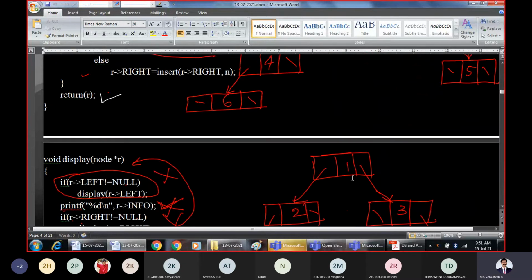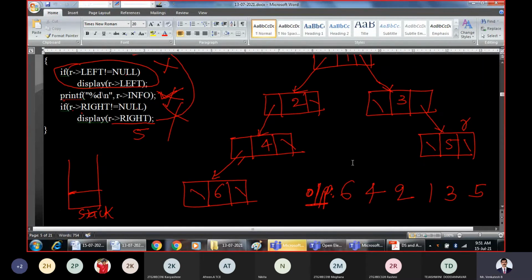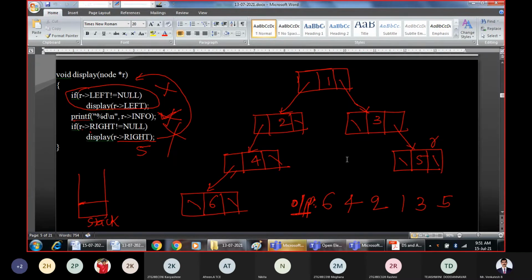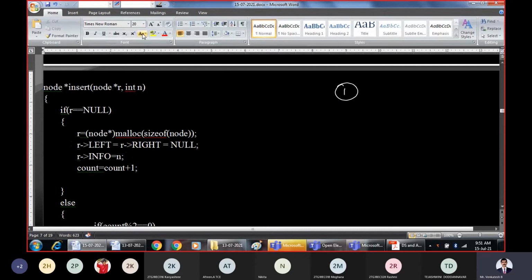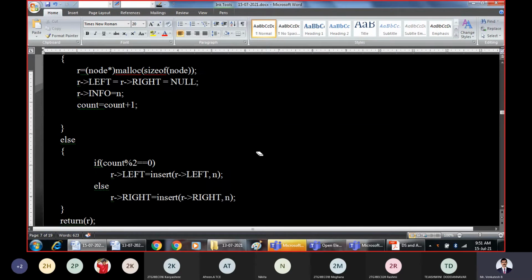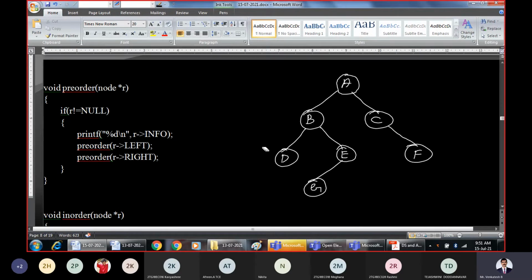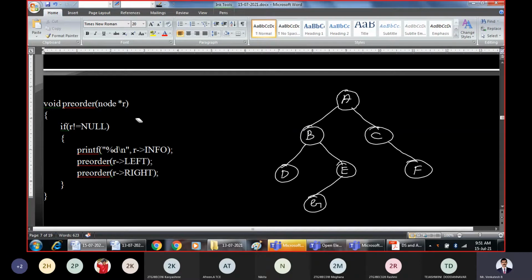This was the tree we had considered: 1, 2, 3, 4, 5, and 6. So I'll take the same tree. Let us assume that the same tree has been created. Because this is just an extension of the previous program, the creation is over, and now we have to concentrate on the three types of traversals: pre-order, post-order, and in-order.